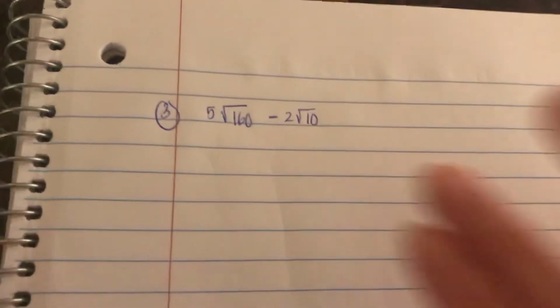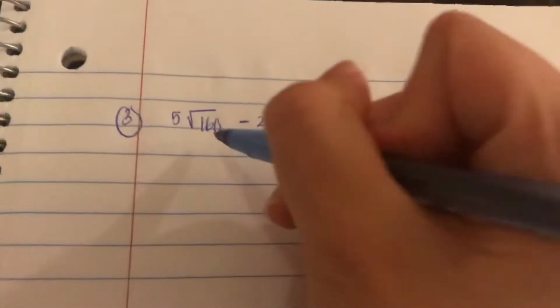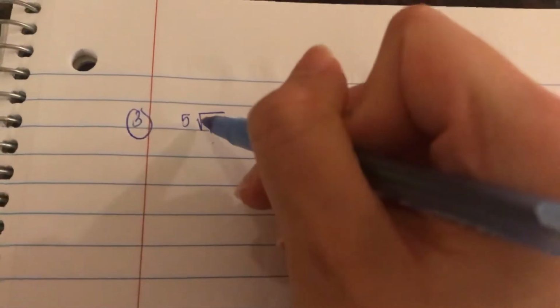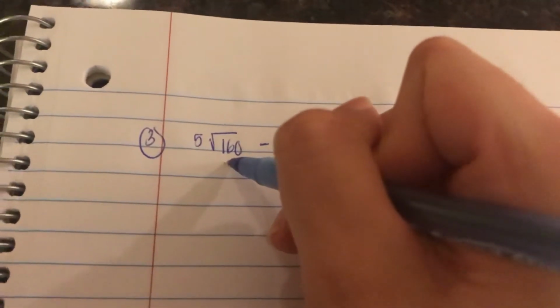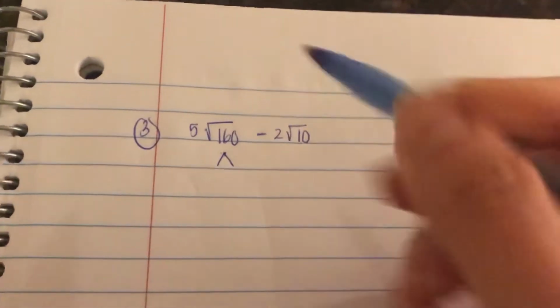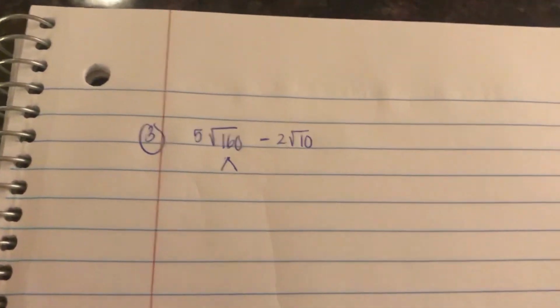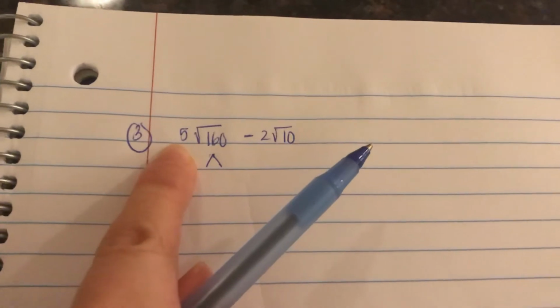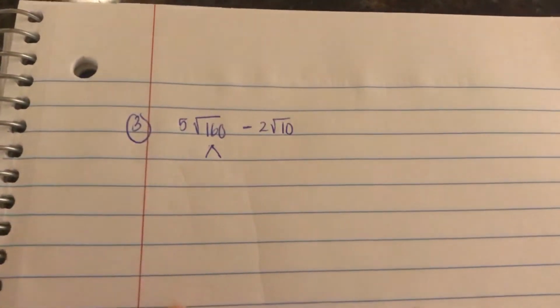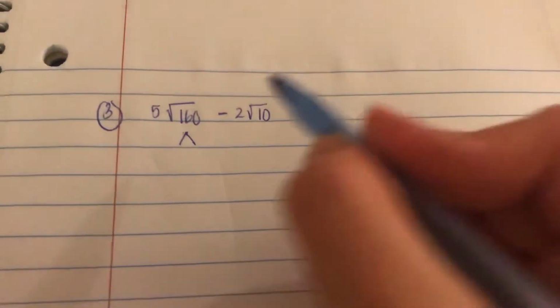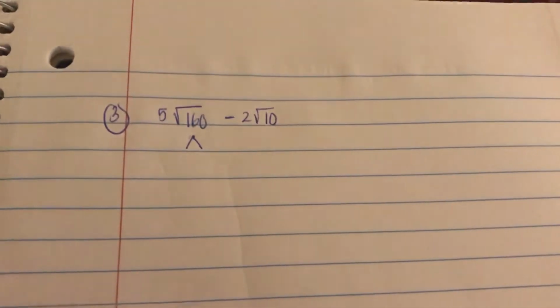They're both prime numbers, so that's already simplified enough. I'm going to simplify the square root of 160, okay? Keep in mind that 5 is the coefficient of the square root of 160, and it's very important we do not forget about that because at the end it's going to be multiplied next to the square root there.